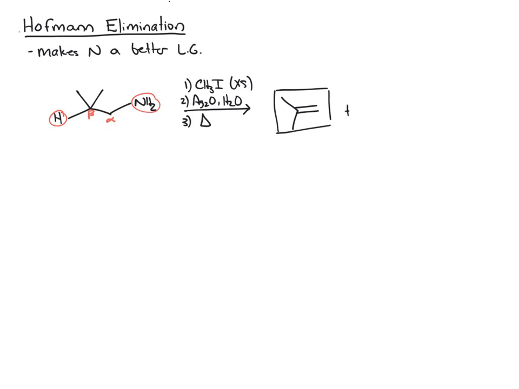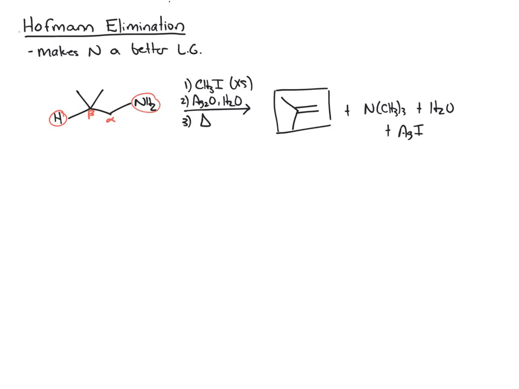Then our byproducts are this trimethylamine, water, and silver iodide. So we need to go through the steps here, each of these 3 reactions, and see what's happening in order to get this elimination process to occur.